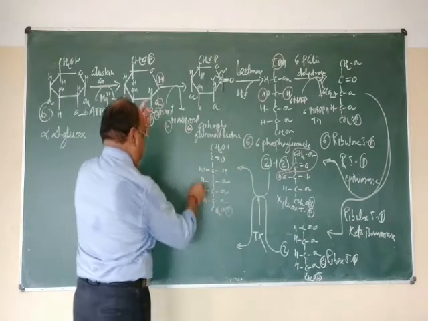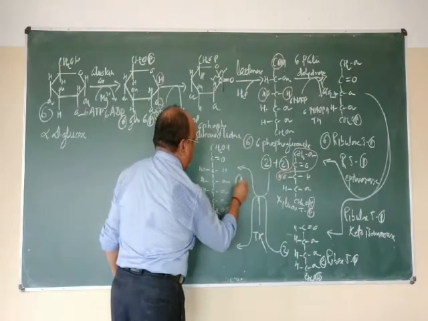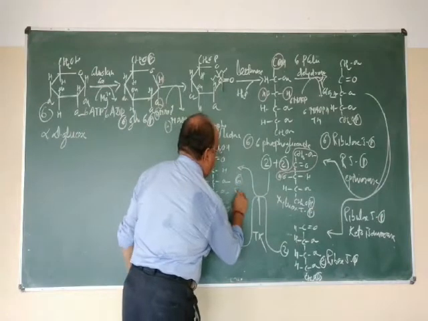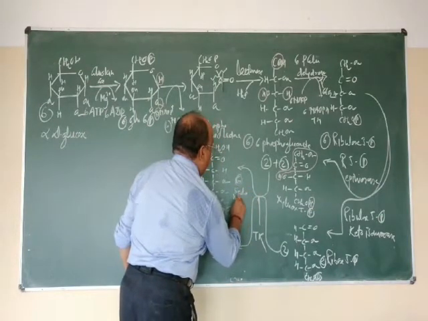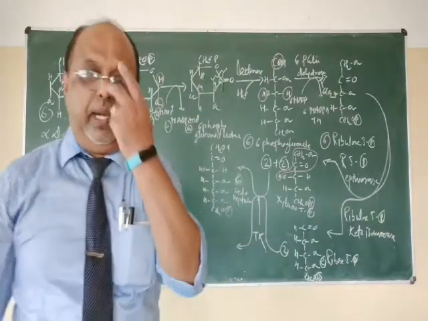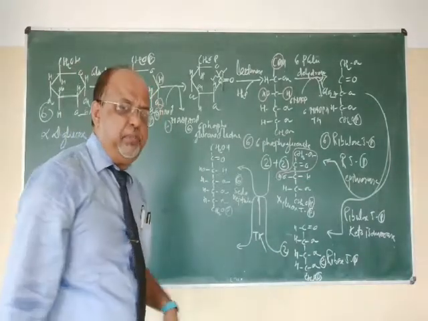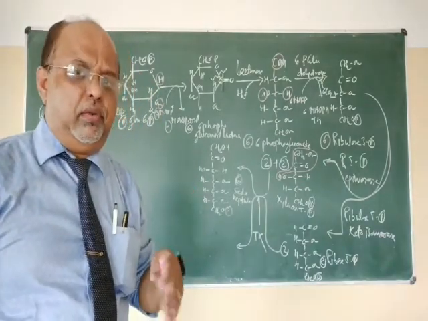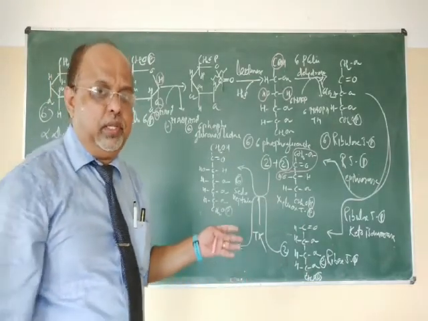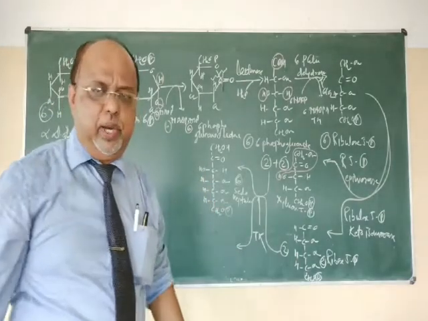Sedoheptulose 7-phosphate. This structure is known as sedoheptulose 7-phosphate. This is predominantly found in one of the families of plants. Okay, this heptulose sugar is predominantly found in some family of plants. That's why the name is given sedoheptulose.